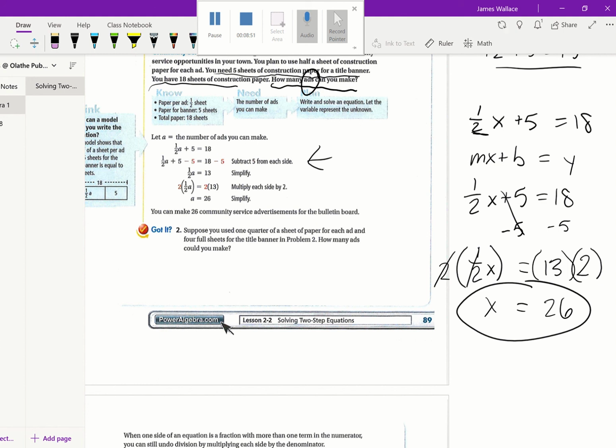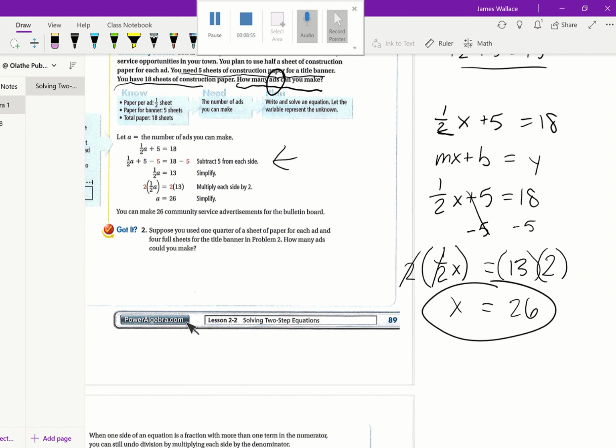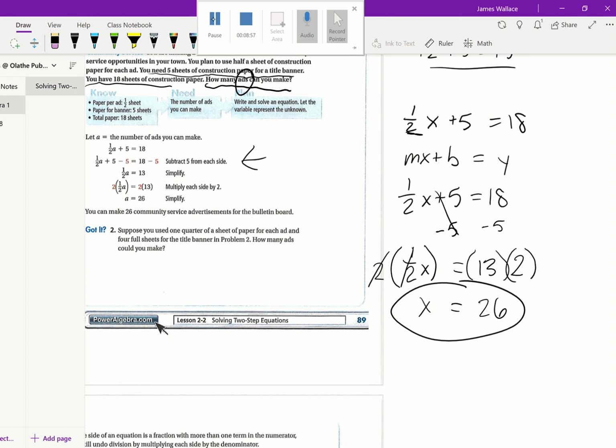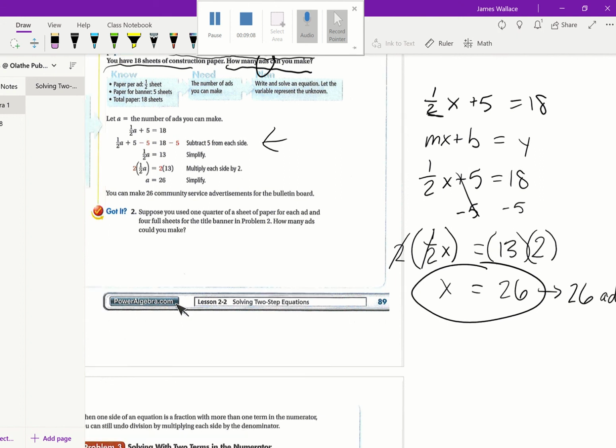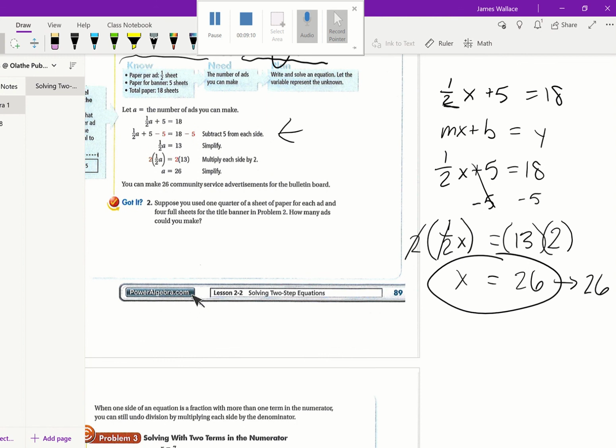26 is the number of ads you can make. So when you write this, x equals 26, I want you to go ahead and put in on a word problem that it is 26 ads. This shows that you understand why you did the math problem. That's sort of a real world application.